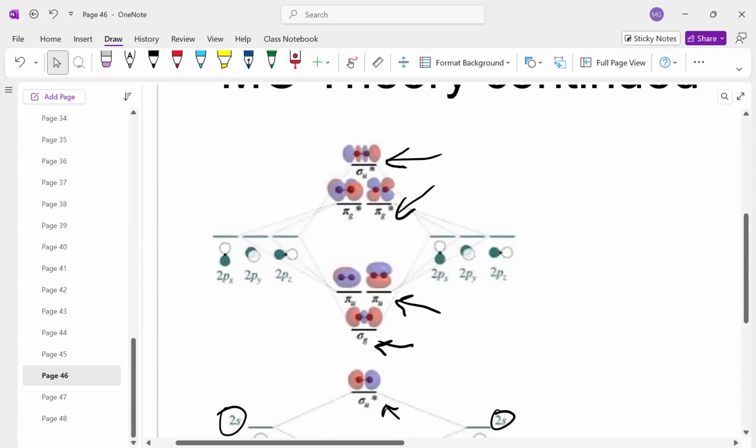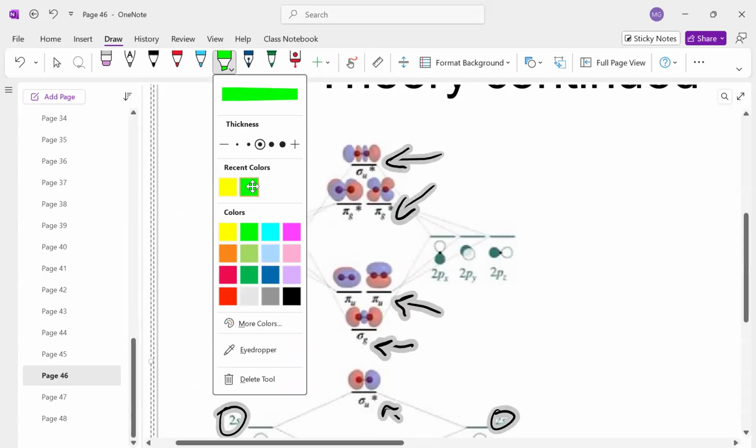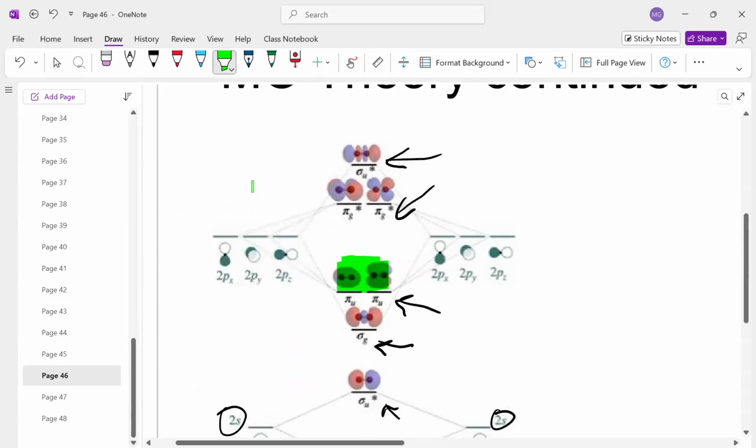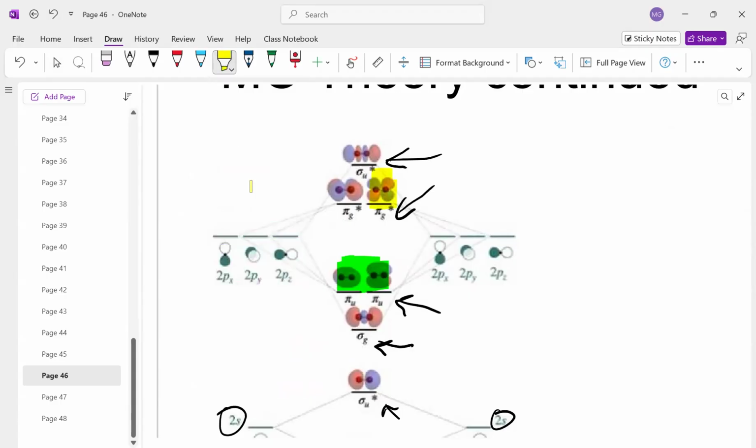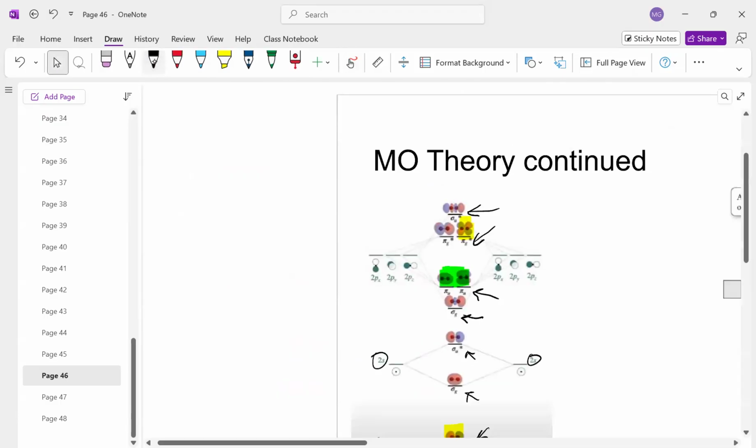If you look at the pi bonding molecular orbitals, notice how there's a really good overlap of those unhybridized p orbitals. But if we look at the anti-bonding, it's easier to see on this one on the right. There isn't a complete overlap. That's why they're higher in energy. It's much more energetically favorable for there to be a lot more overlap.